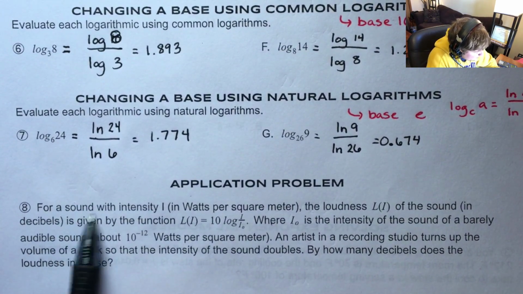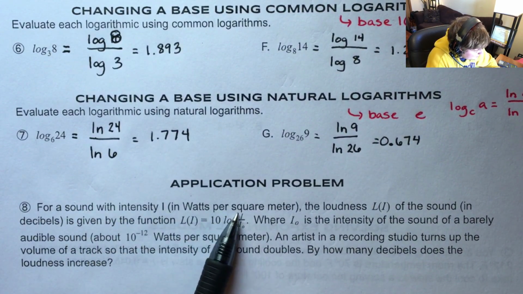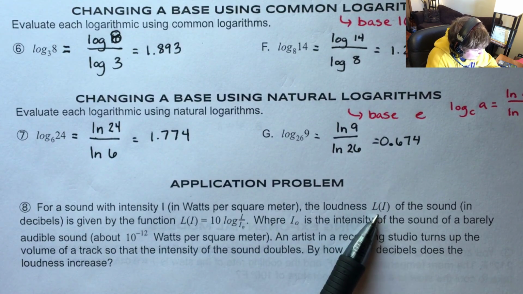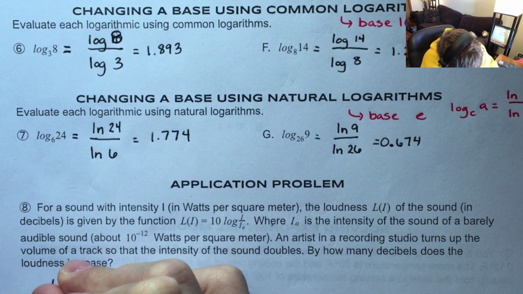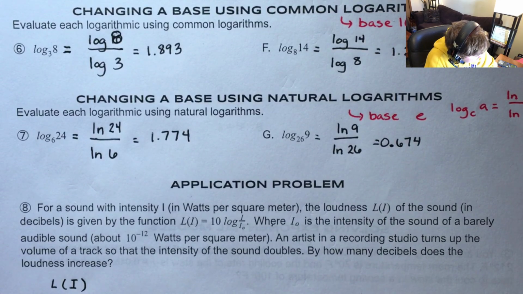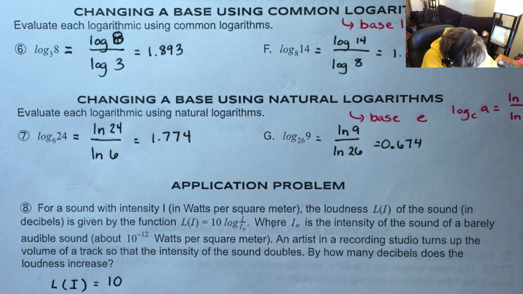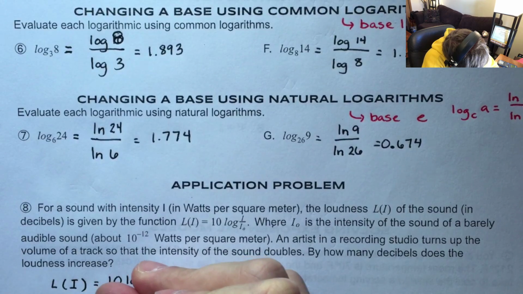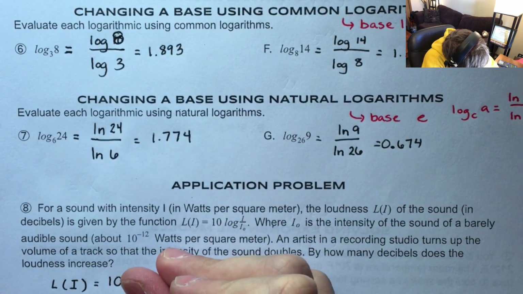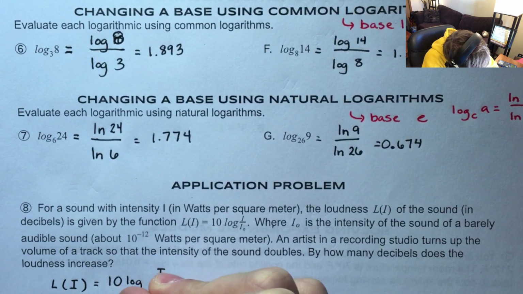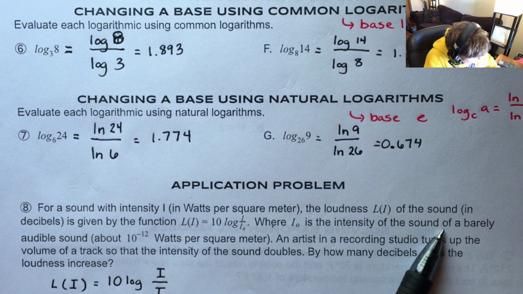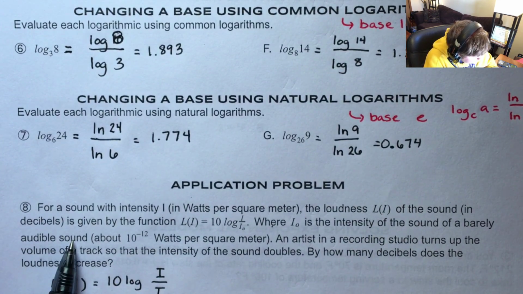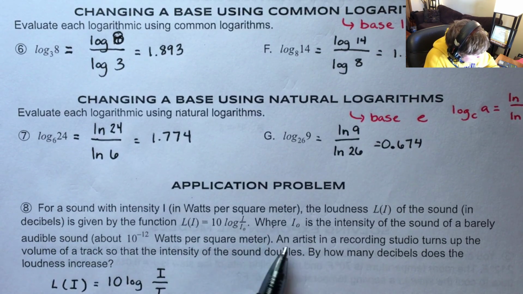For a sound with intensity I in watts per square meter, the loudness, L of I, so this is my function, of this sound in decibels is given by the function 10 times log base 10 of I over I naught, where I naught is the intensity of a barely audible sound.